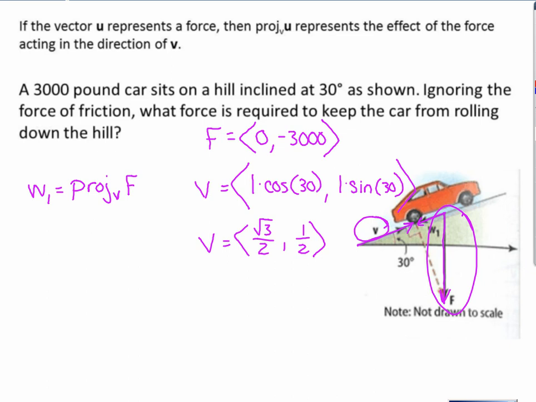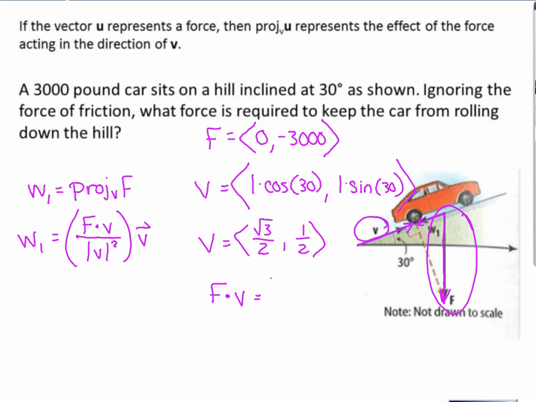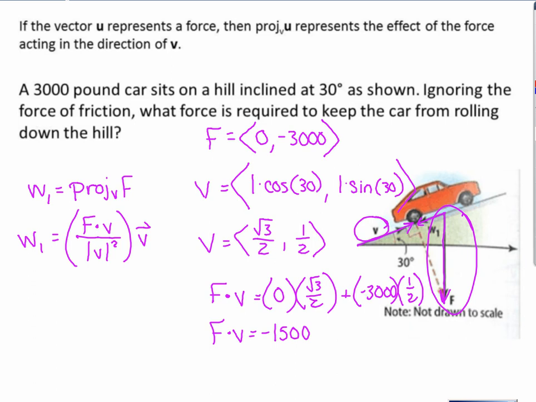Now to project this, remember we are going to do f dot v over the magnitude of v squared times the vector v itself. Now remember, f dot v: we take the first components, so 0 times radical 3 over 2 plus negative 3,000 times 1/2. So our f dot v is going to be negative 1,500.